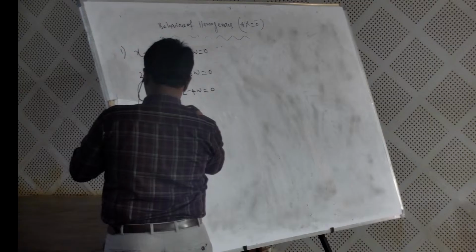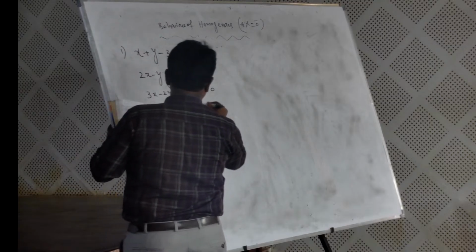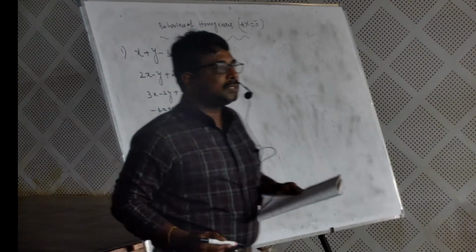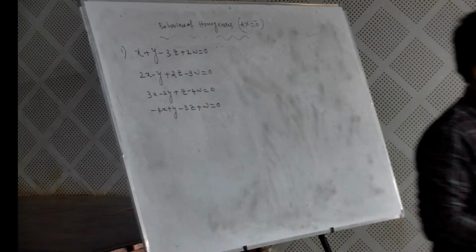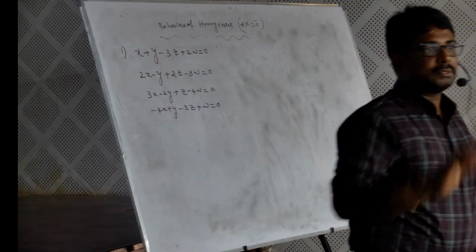Minus 4x plus y minus 3z plus w equal to 0. Is it homogeneous or non-homogeneous? Right side is clearly 0. Yes, without any second thought, your answer is right. I accept your answer.